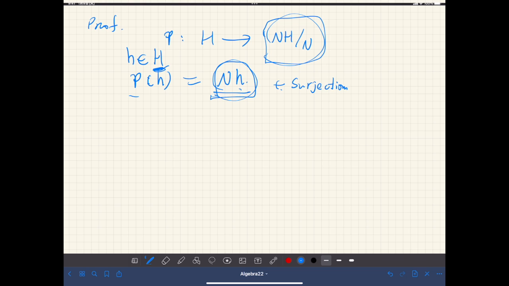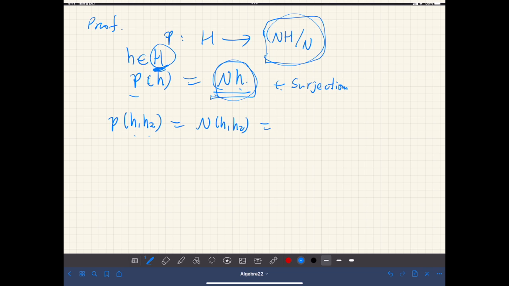And this is also a homomorphism, because if we map p(h1 h2), where h1 and h2 are elements of this subgroup H, then by the definition, this is N times h1 h2.